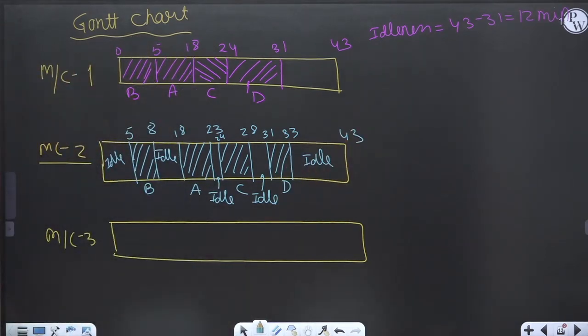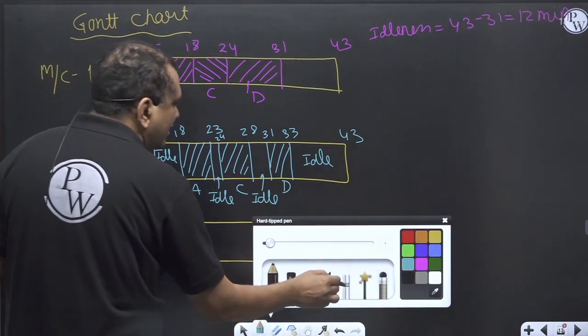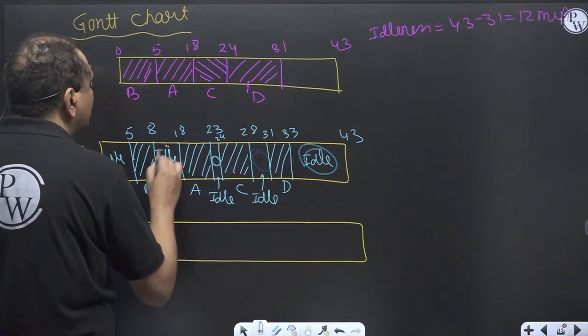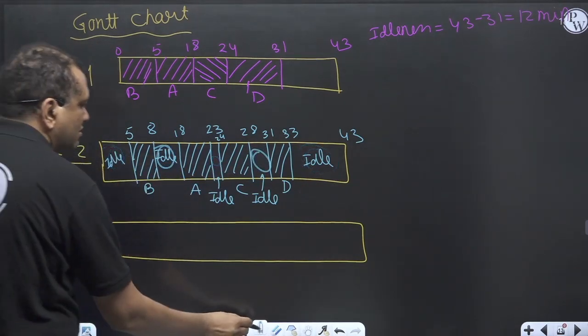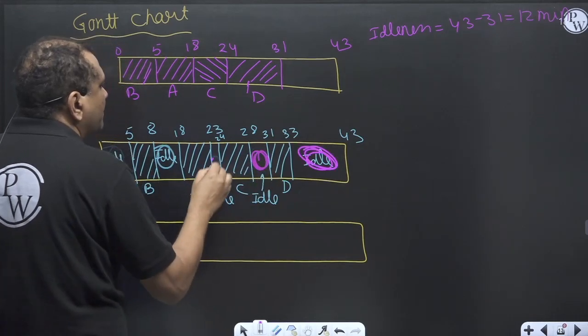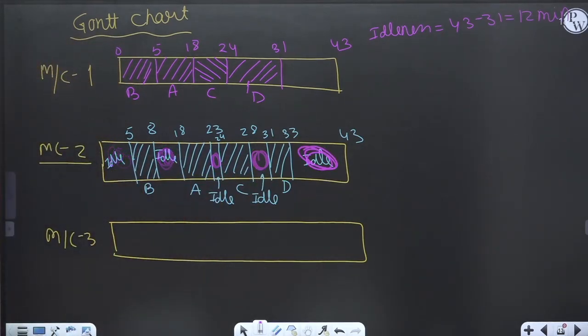So to calculate the percentage idleness, these idle times need to be added, divided by 43 will give you the percentage idleness.